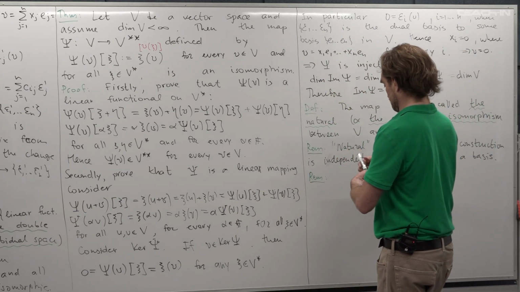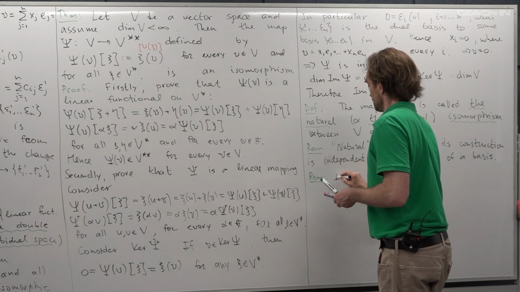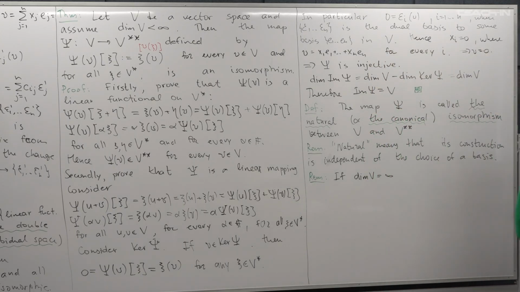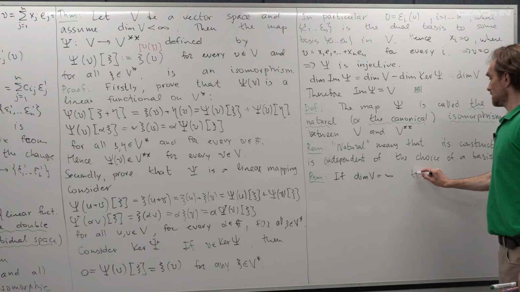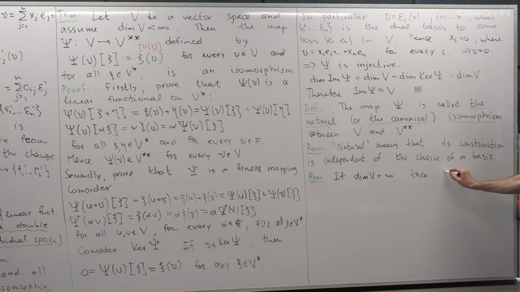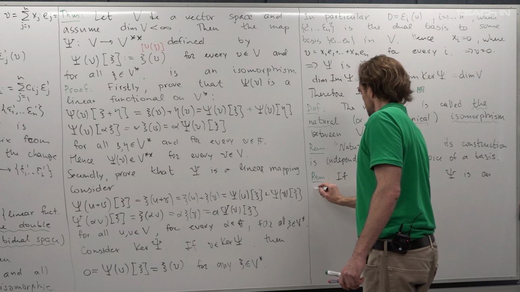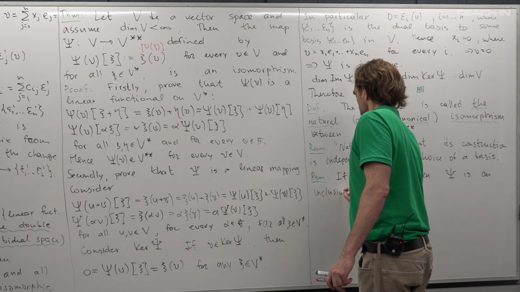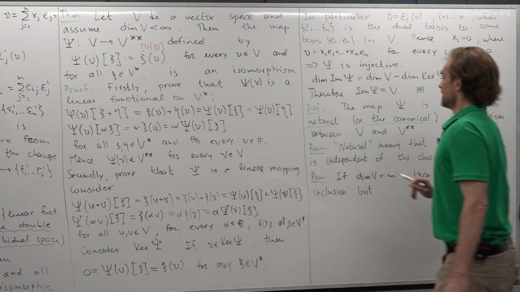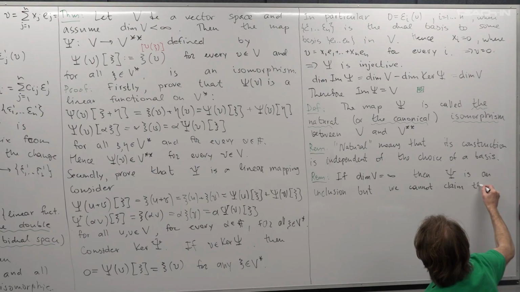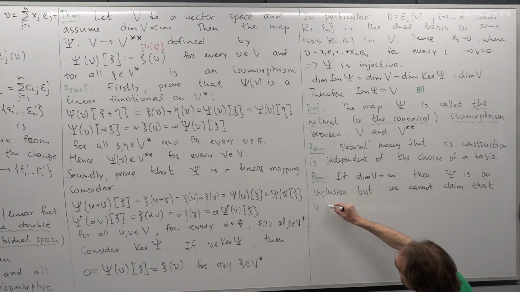So if the dimension of V is infinity, then psi is an inclusion, but we cannot claim that psi capital is surjective.